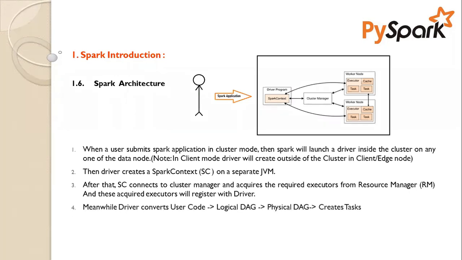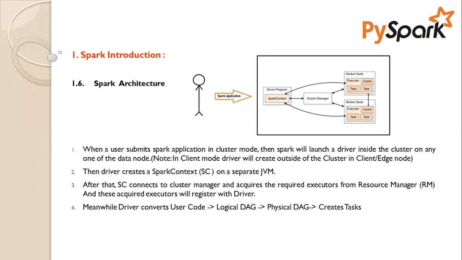And the fourth step: the third step is mainly handled by the Spark context. But meanwhile, the driver will convert the user code, whatever code we submit, into a logical DAG, and based on that it will create a physical DAG. Based on this lineage or directed acyclic graph, it will finally create tasks.